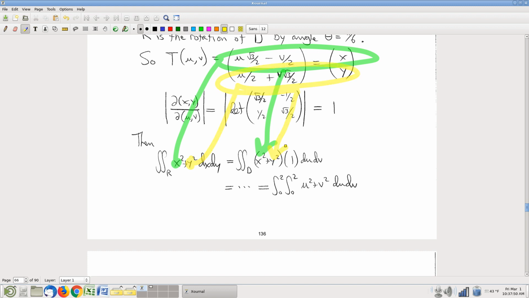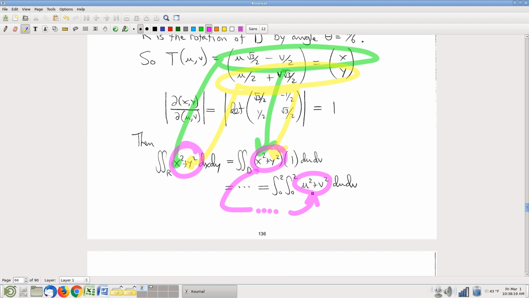There's a certain amount of algebra that goes into multiplying all that out and collecting terms. Turns out some of the terms cancel. Anyway, nice punchline. As it turns out, this integrand of x squared plus y squared simplifies, through all that effort, to just u squared plus v squared. So every so often you get lucky.